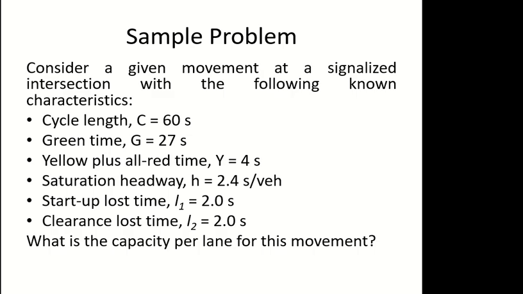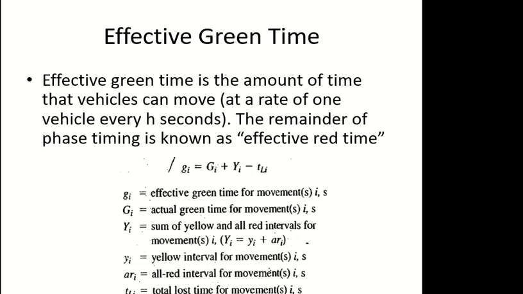So we have a signal. The signal has a cycle length of 60 seconds. So it takes 60 seconds to complete all the movements, all the phases. For one of the movements, there are two green times. One is called effective green, and the other one is the time of the green light, which you will add for the phase.